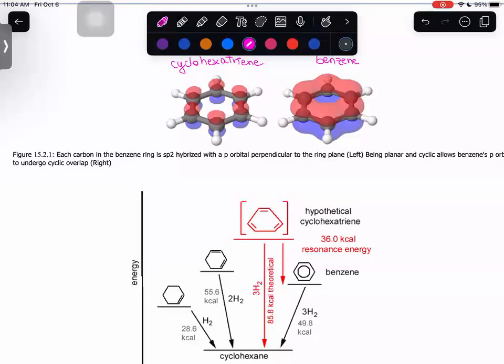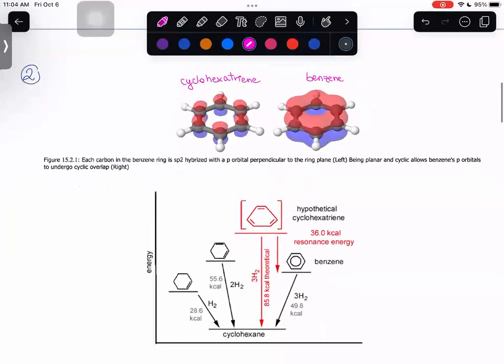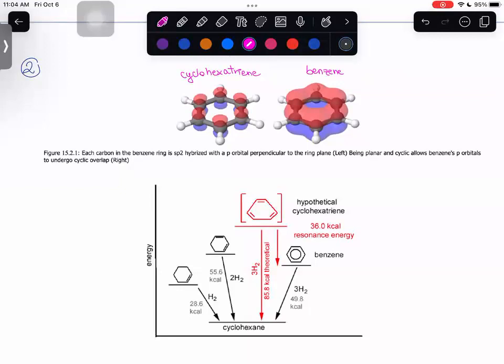The angles are not ideal, which is going to make it less stable and with more energy. So again, this is just the conceptual portion. Do you have any questions so far on this? We're just talking about orbitals, how they overlap, and that's it.